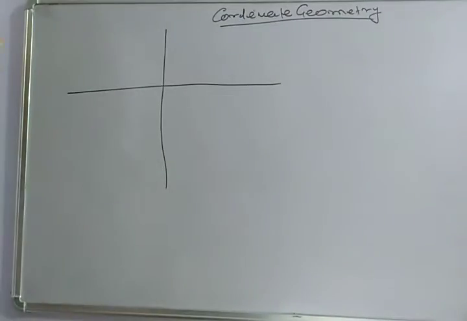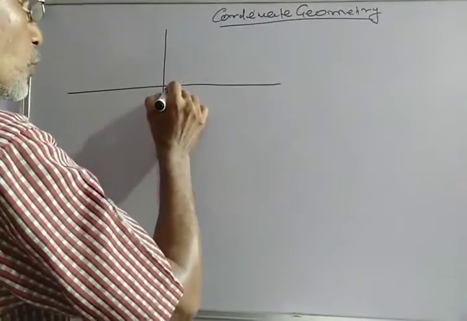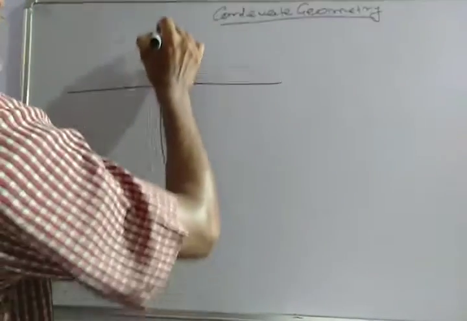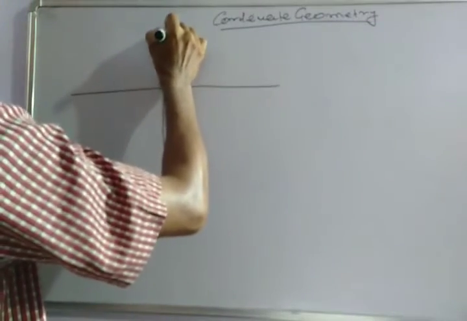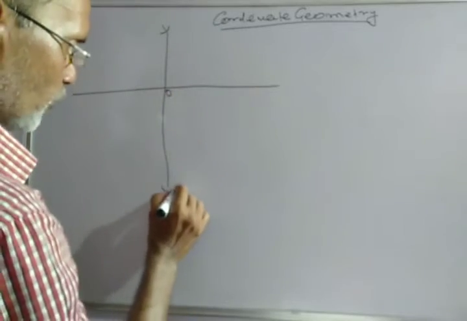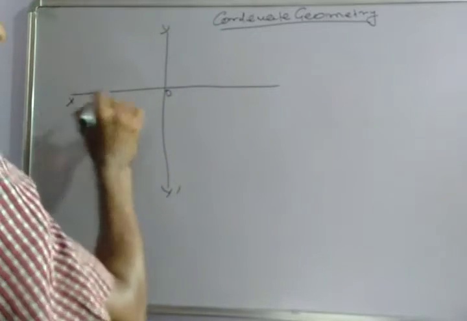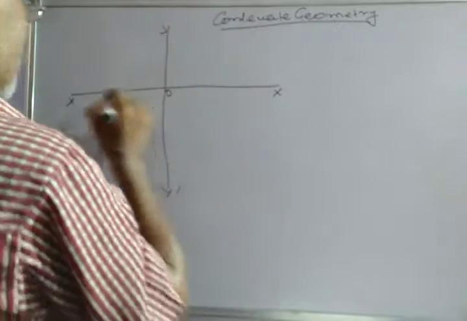If they both intersect each other at point O, then this one will be y dash, this one will be y, this one will be x dash and this will be x.